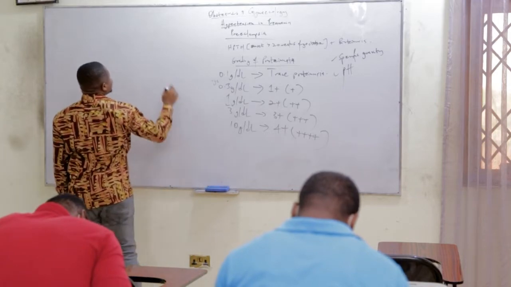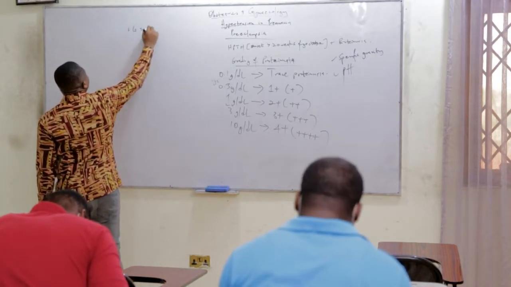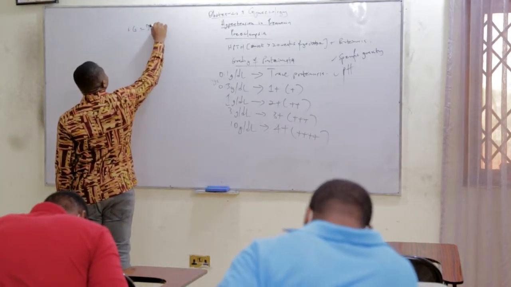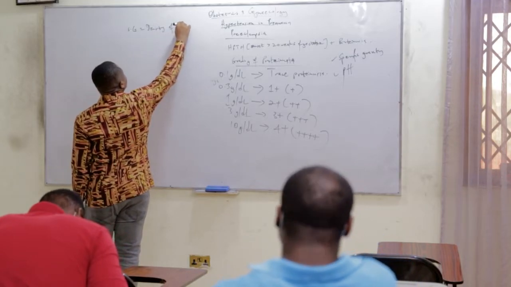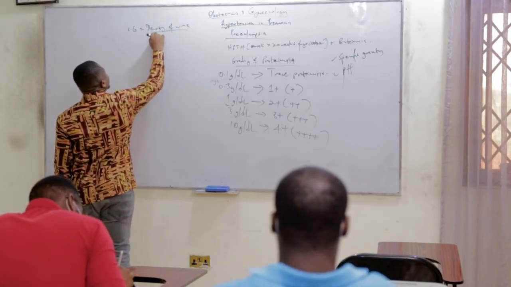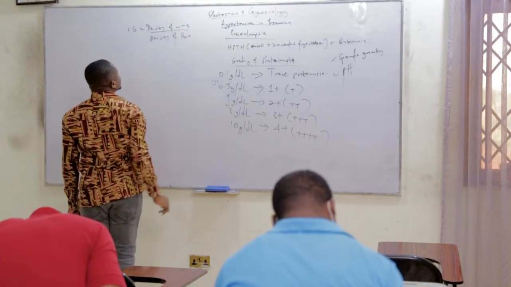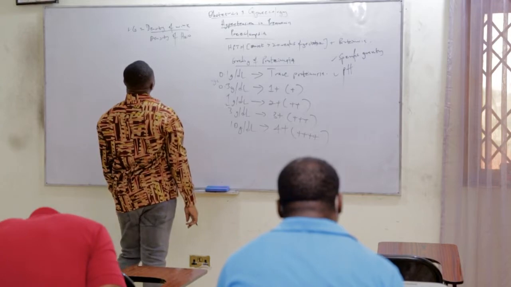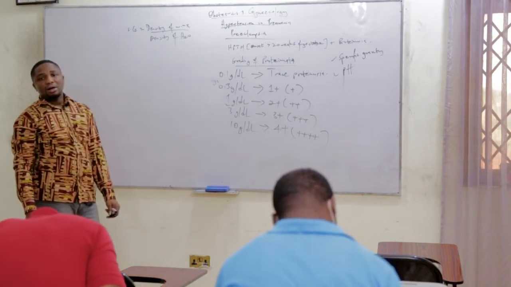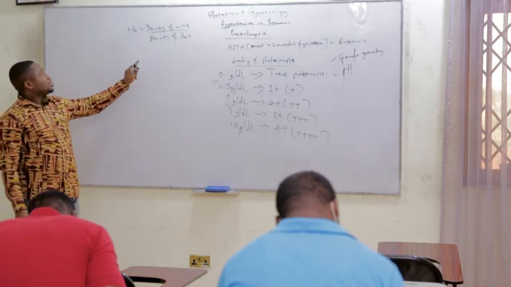You should know that when we say specific gravity, what does it mean? You are looking at the density of what? The urine over what? The density of water. Are we following?